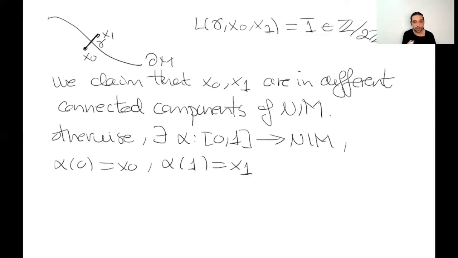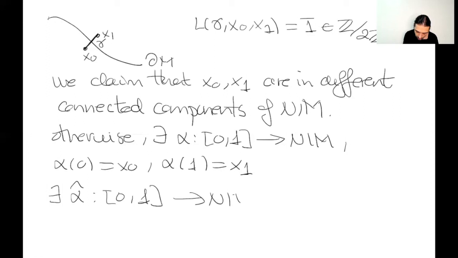And we can perturb this map slightly so that it is C infinity and that it still does not intersect the boundary of M. Okay, so there exists alpha hat whose image is contained in the complement of M, and such alpha hat is homotopic to alpha relative to [0, 1].